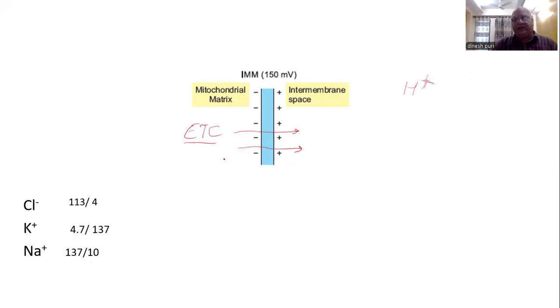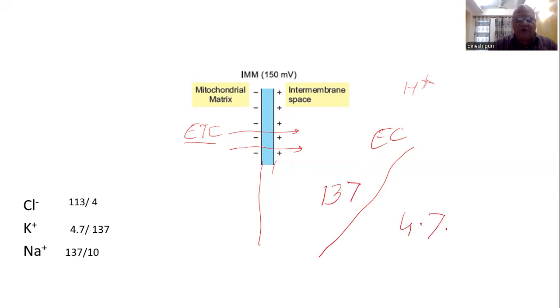For now, just see this, this is one illustrative example of why active transport is required, and so many other substances also. For example, this is the lipid bilayer. Extracellular sodium concentration is 137, intracellular 4.7.